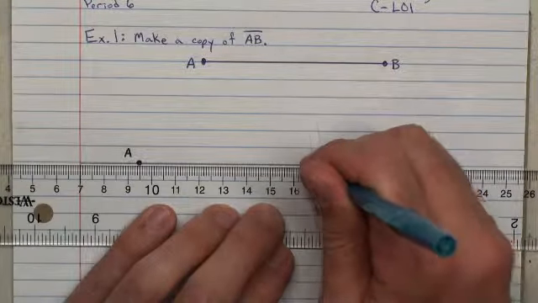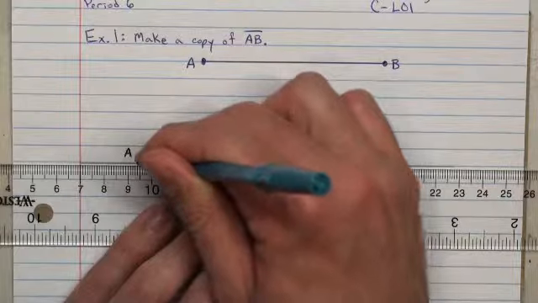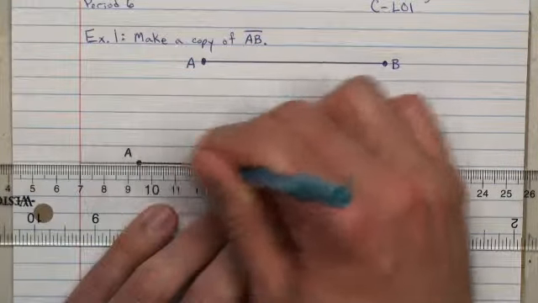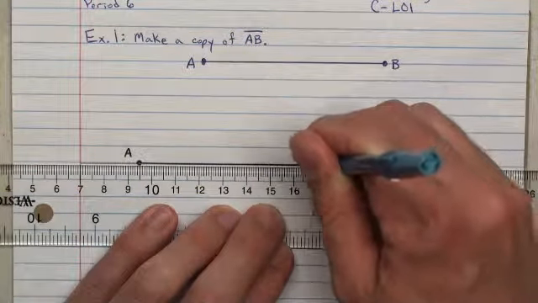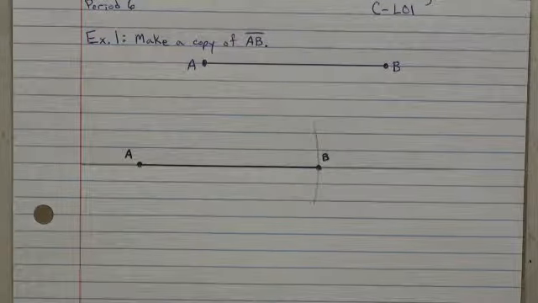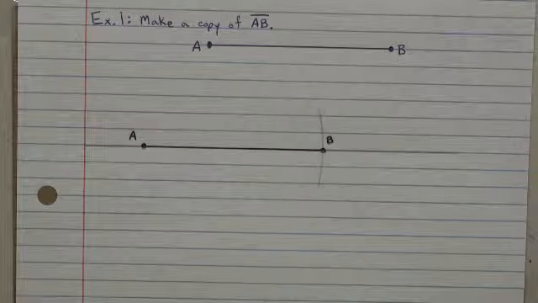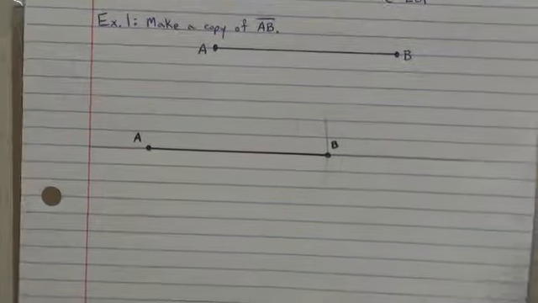So we're going to go over the pencil in pen just between A and B and not any further because the line segment is only from A to B. So we're highlighting our copied line segment. Alright, now that you're finished with that, you can turn the page over.